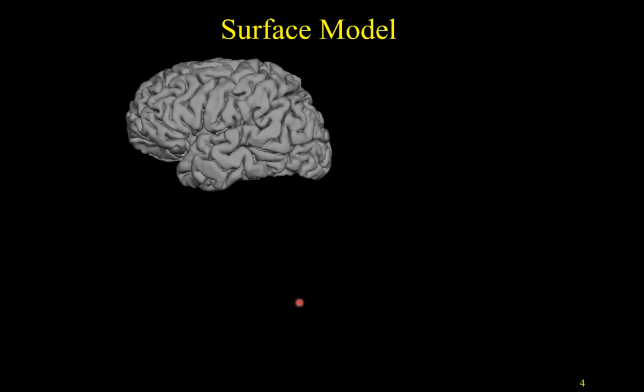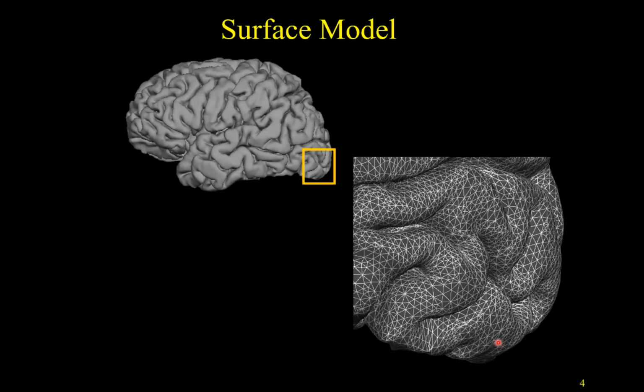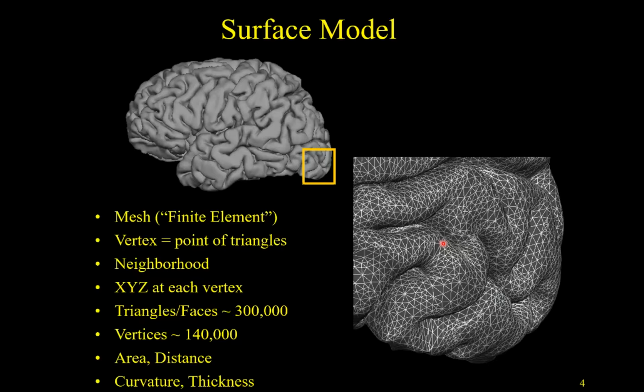You look at these images and you kind of forget what is behind them. And what's behind them is this mesh model. So what we do is create these little triangles that we essentially glue on the outside of cortex. And where those triangles meet is a vertex. And so a vertex has certain properties to it.